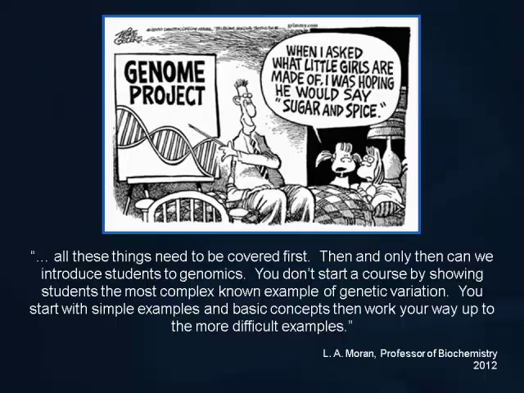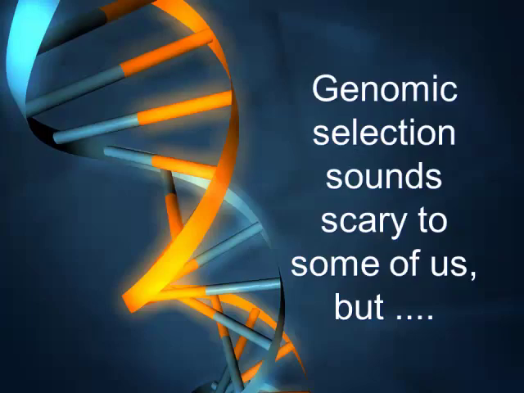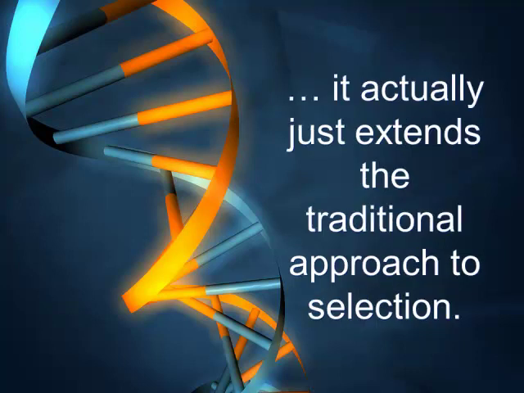I think for some of us, and that's me included because my biases as a quantitative geneticist are going to come through here, genomic selection sounds a little scary, but it really just extends our applied or traditional approach to selection. When we look at our breeding value estimations or our expected progeny differences, we're still using all those pieces of information that we always have, but we're also in many cases being able to tie in the genomic results.